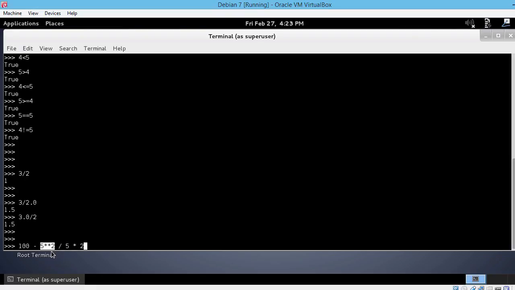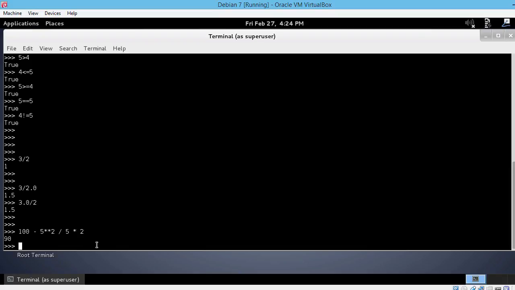So 25 divided by 5 will give us 5. Times 2 will give us 10. And finally, subtraction, having the lowest priority, will be evaluated last. So we will have 100 minus 10 from here will be equal to 90. So let's check this. Okay, correct.